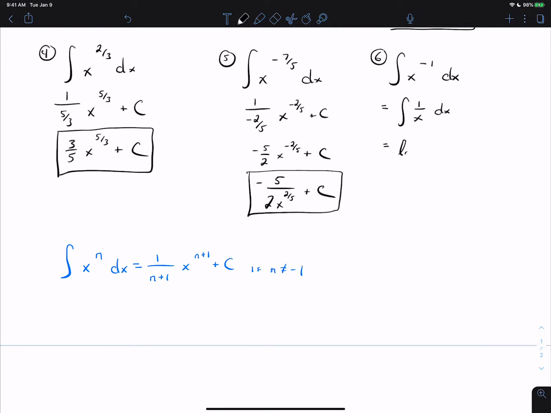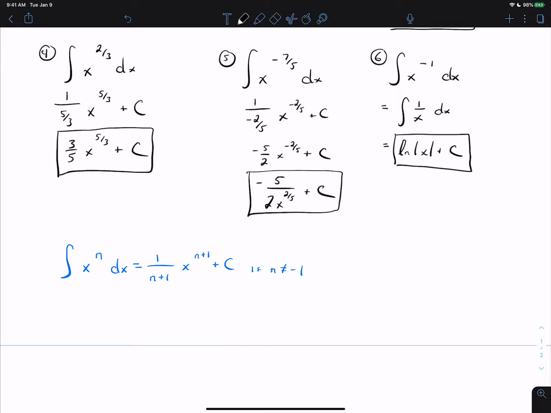There's a technicality where we have to put absolute value, but the derivative of natural log x is 1 over x, so the antiderivative of 1 over x ends up being natural log of the absolute value of x plus c. The absolute value has something to do with the domain.